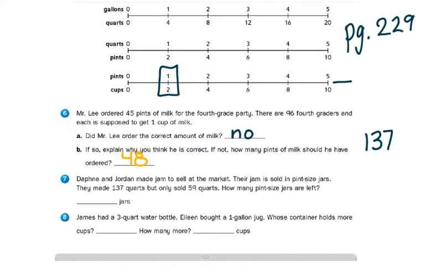You could even write it up here, or over on the side. Find somewhere to take 137 and subtract the 59 quarts that they sold. Go ahead and subtract.